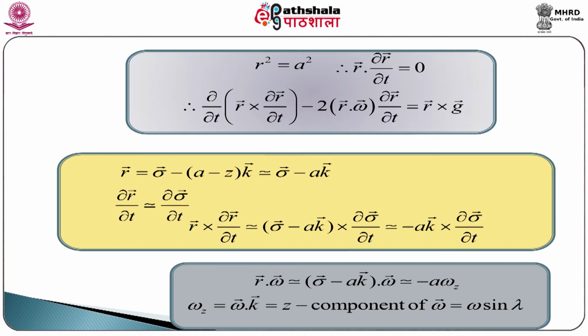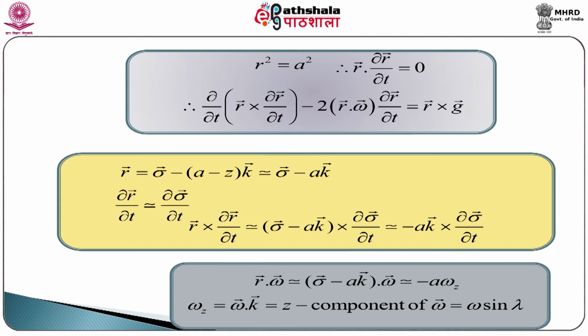Moreover, we have the relation r vector equal to sigma vector minus a minus z into k vector. We get this relation from the figure of the pendulum.